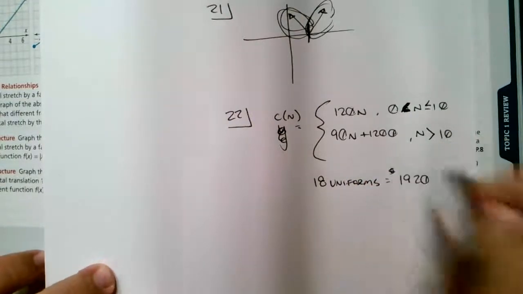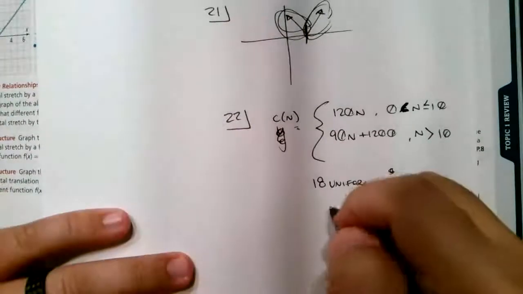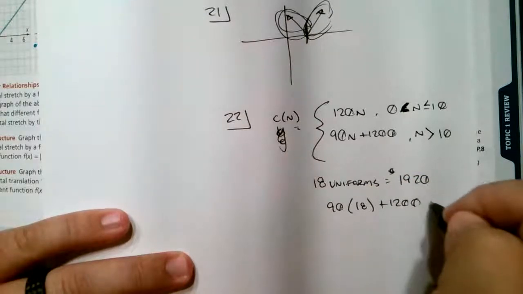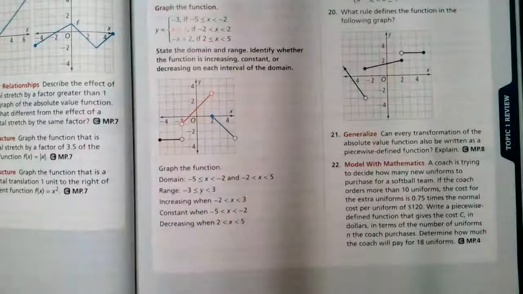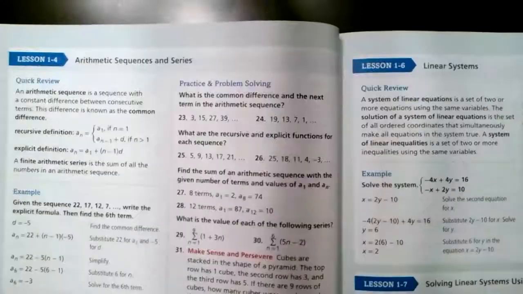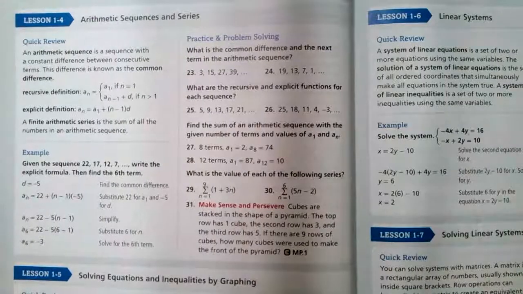I'm just doing this in my head. Oh, no. 720. 720 plus 1,200. So for 18 uniforms, I think it's going to be $1,920.